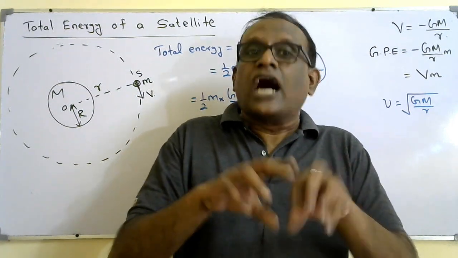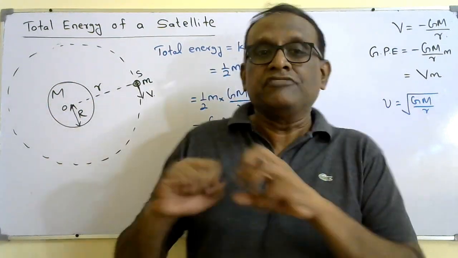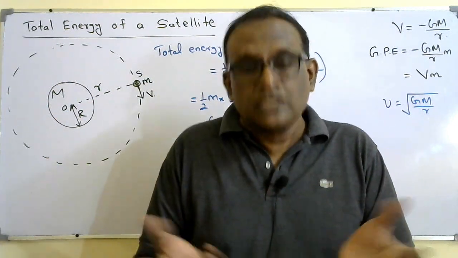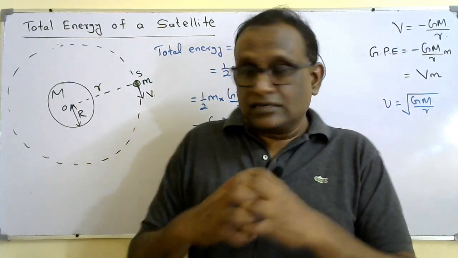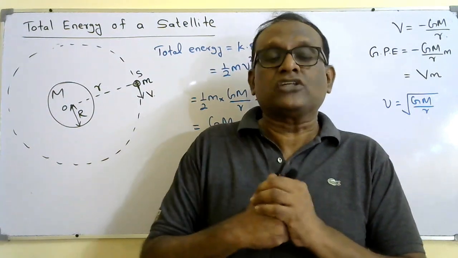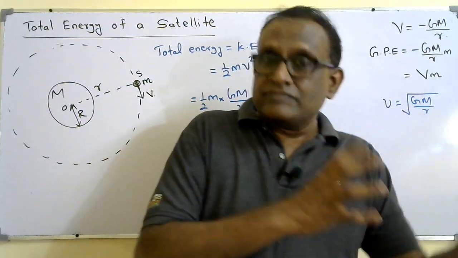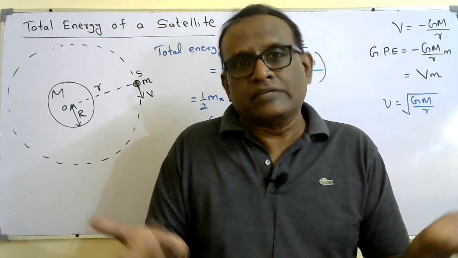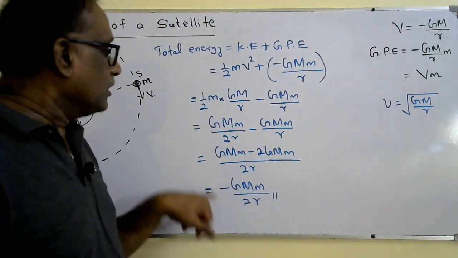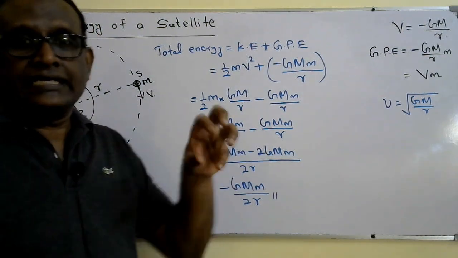So if it wants to be under the influence of the gravitational effect of the planet, the satellite can't have a 0 value. The satellite cannot have a positive value. So what could be the value? It should have a negative value. So a negative value means the satellite is moving under the influence of the gravitational effect of the planet. That's the meaning of it.